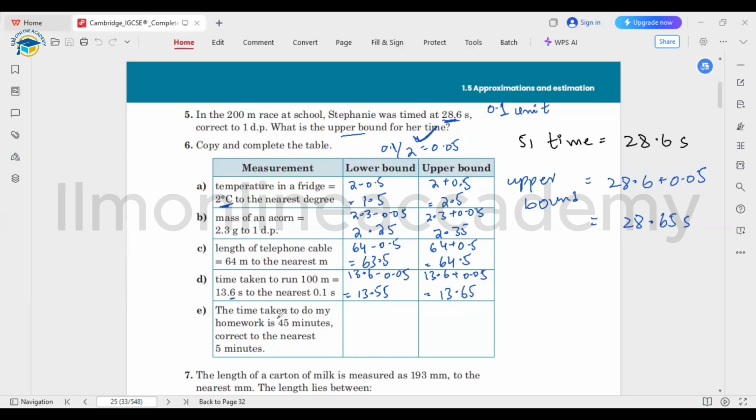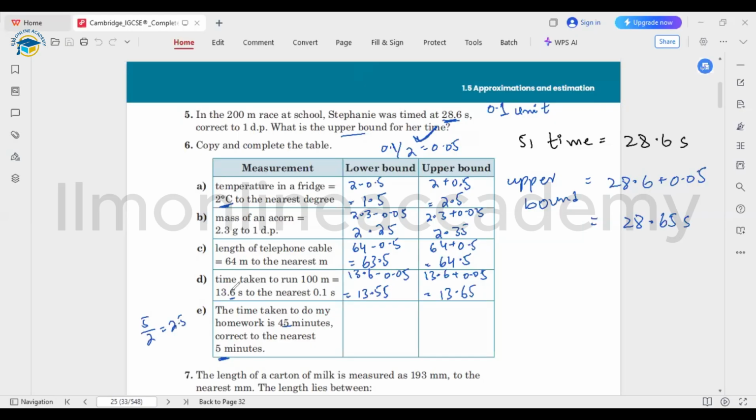So next, moving towards part E, they're saying the time taken to do my homework is 45 minutes, correct to the nearest 5 minutes. The number that they gave is 45 minutes, and this is related to the nearest 5 minutes. So if we check the unit accordingly, half of 5 will be 2.5.